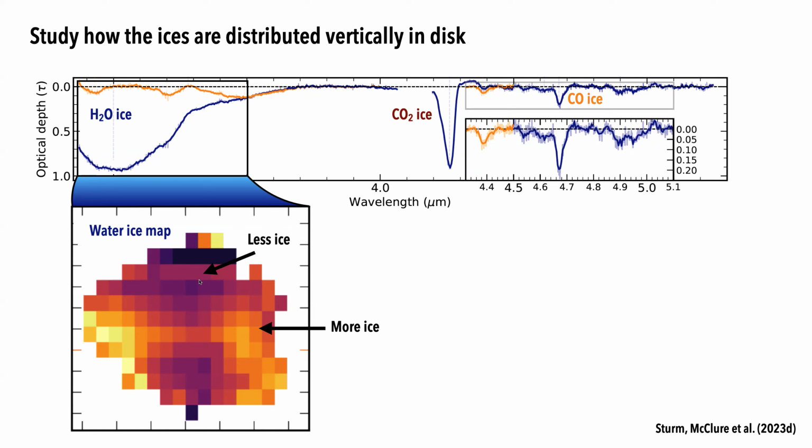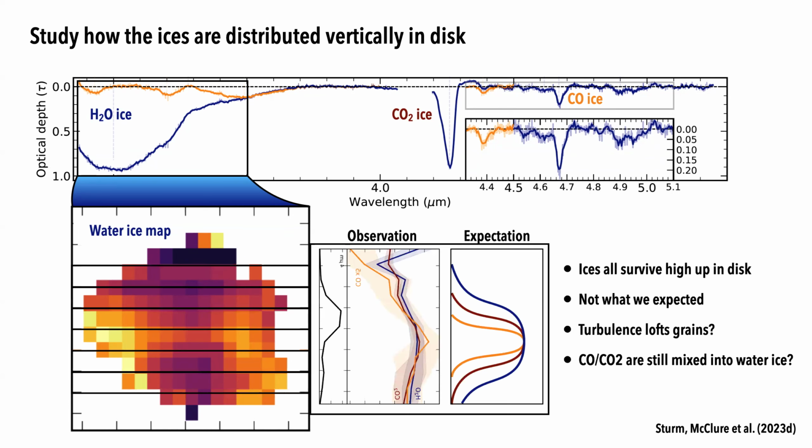And if we slice this map up into different cuts, then we can get a profile for how much the ice content changes as you go from the bottom of the disk to the top of the disk. So this is in the middle panel what that profile looks like.